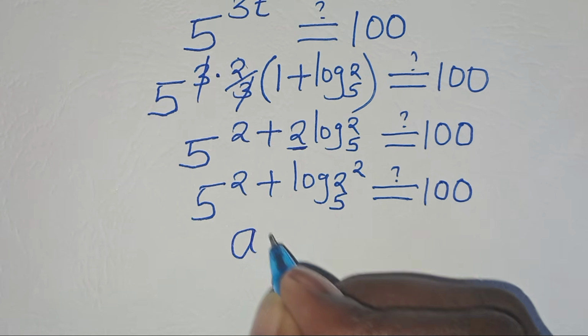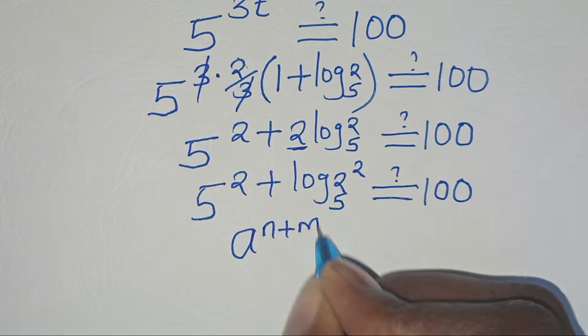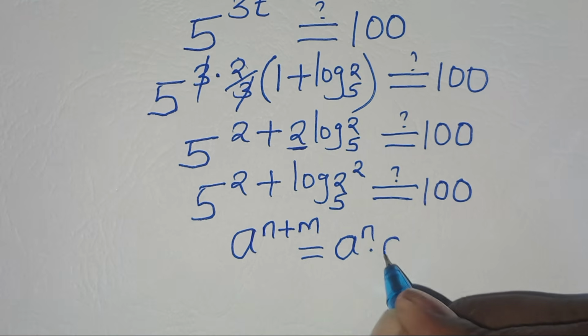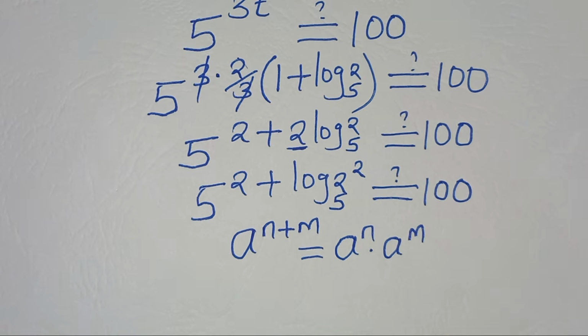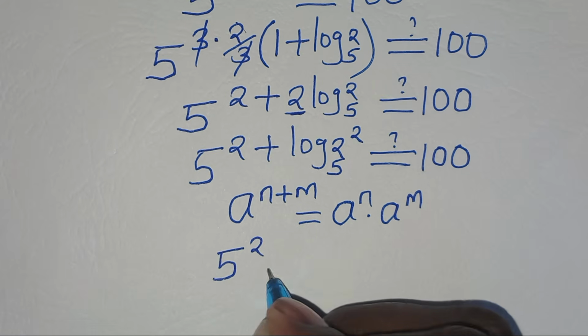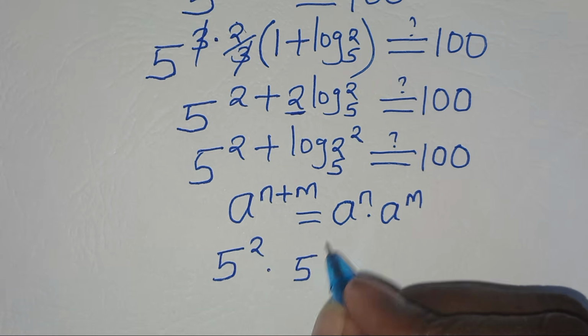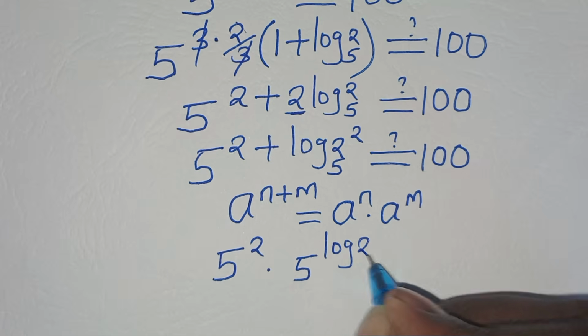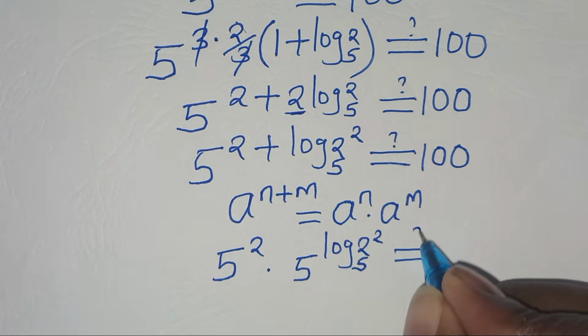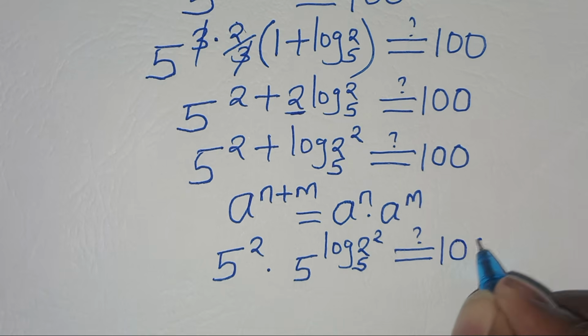So 5 to the power of 2 plus log 2 squared to base 5. This is of the form a to the power of n plus m, which should be expressed as a to the power of n multiplied by a to the power of m. So we have 5 squared multiplied by 5 raised to the power of log 2 squared to base 5. This is supposed to give us a value of 100.